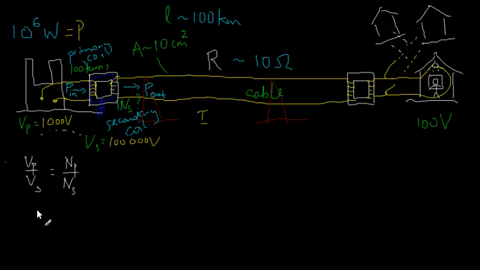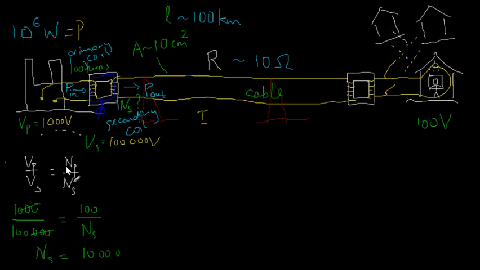Vp is 1000, Vs is 100,000, Np is 100, and Ns we need to find. So we have a simple equation here. Let's cancel the zeros, and then we can rearrange this to give Ns is equal to 100 times 100, which is 10,000 turns. So we need lots of turns in the secondary coil.